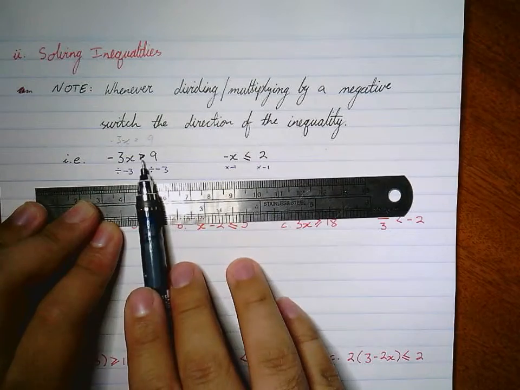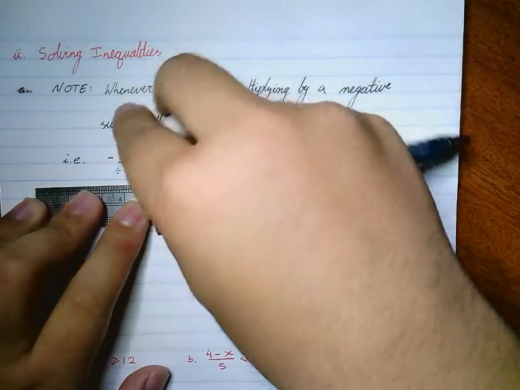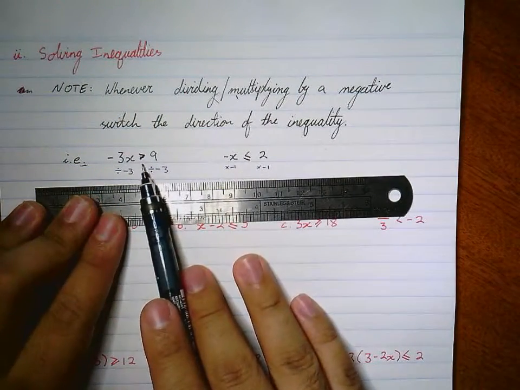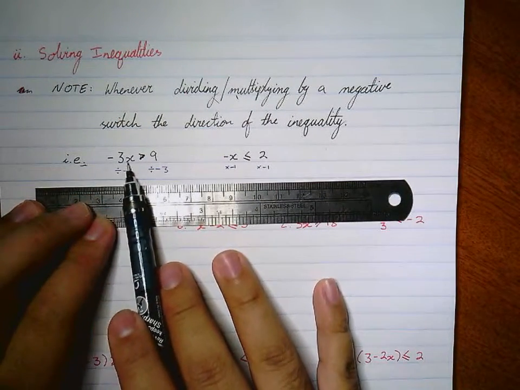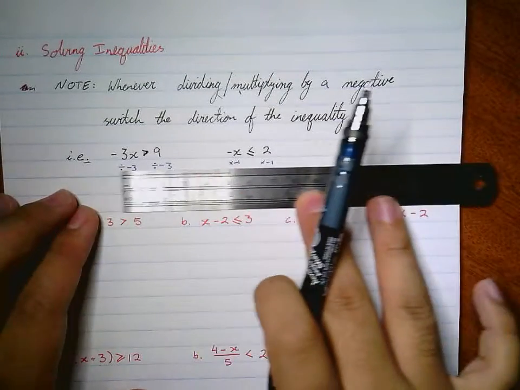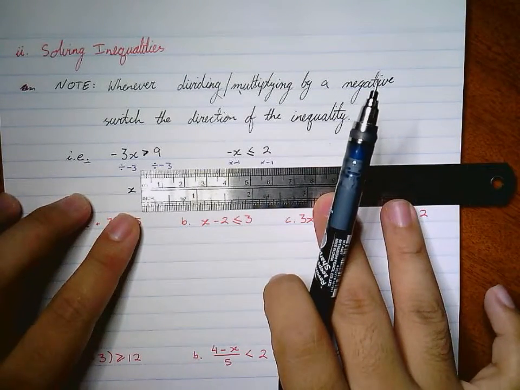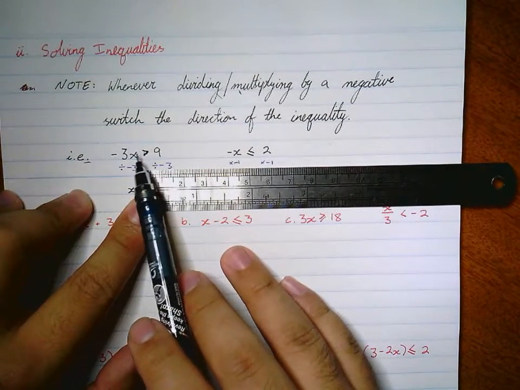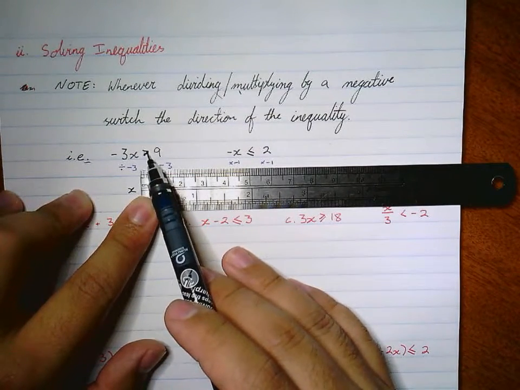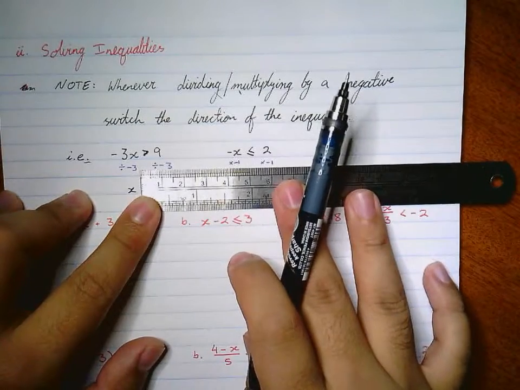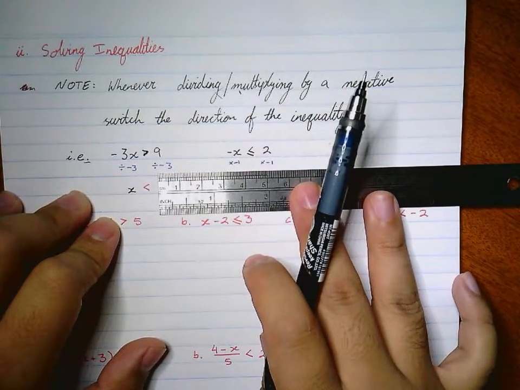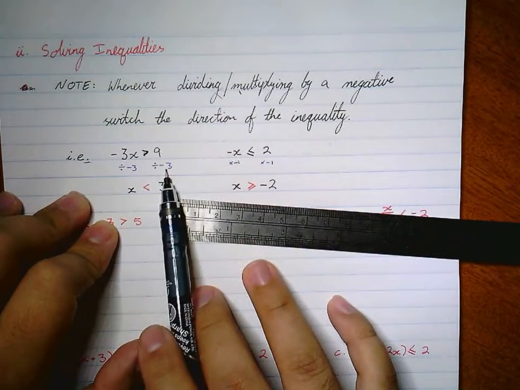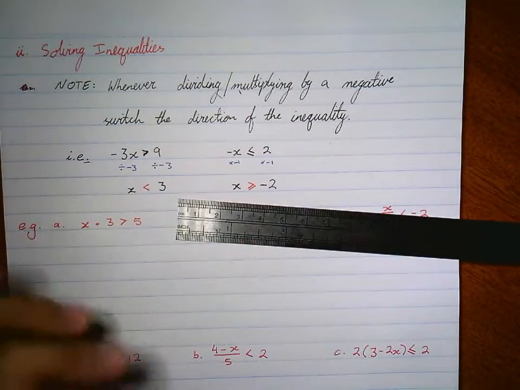But since this is an inequality, we have to switch its direction. So -3x divided by -3 gives us x. But the inequality symbol here is pointing to the right, so this is -3x is greater than 9. Since we divided by a negative, it is now facing left. 9 divided by -3, sorry, that should be a -3.